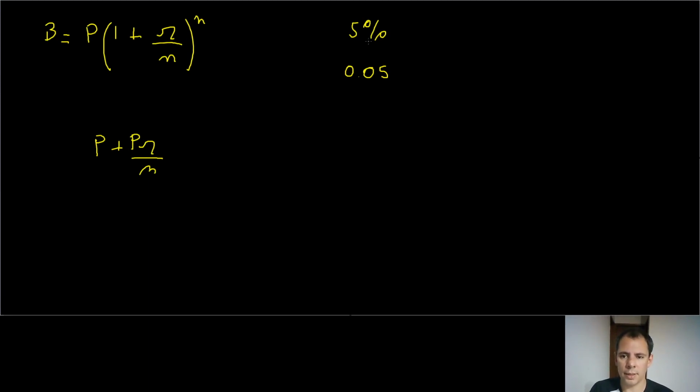For example, let's just say that it's 2 of this. Instead of being 0.05, it's going to be 0.025. So the 0.025 is this, okay? But this is going to happen twice.